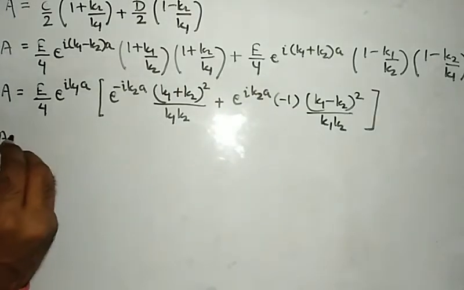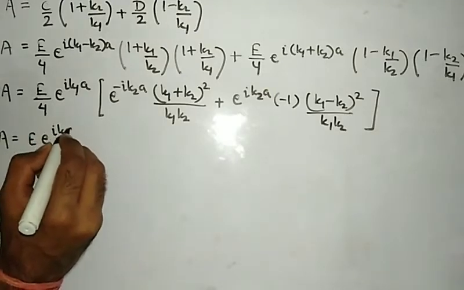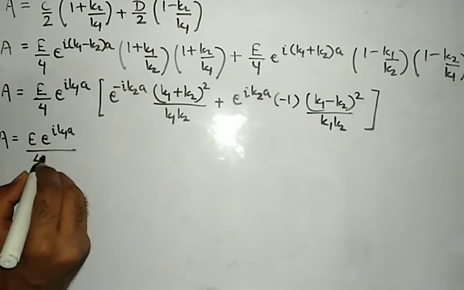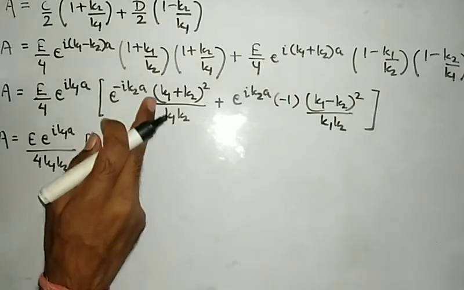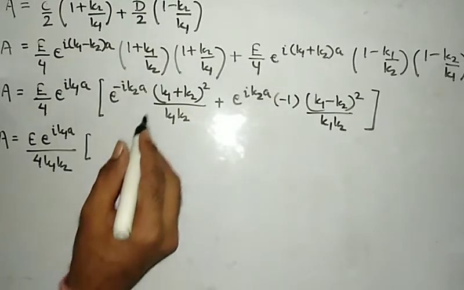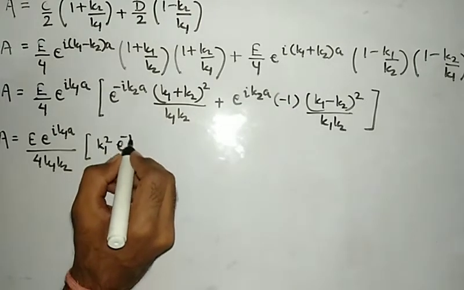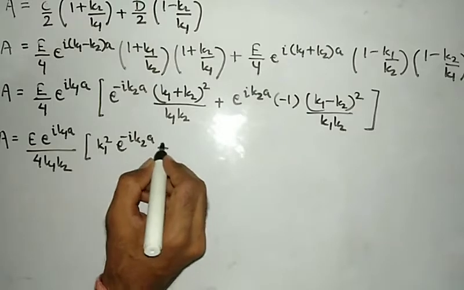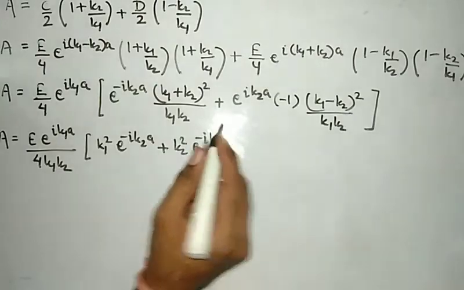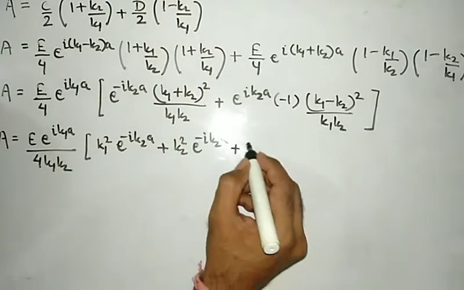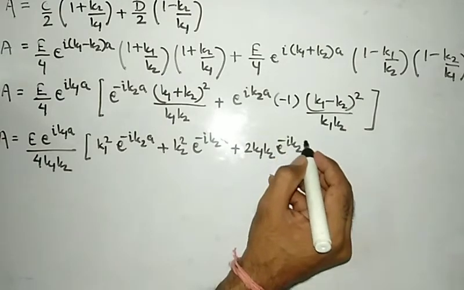Now again a is equal to what? e to the power i k1 a by 4 k1 k2 again common. Now we want to open this expansion: k1 square e to the power minus i k2 a, k2 square e to the power minus i k2 a, and plus 2 k1 k2 also e to the power minus i k2 a.